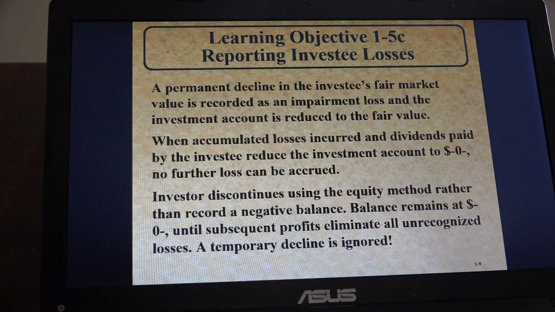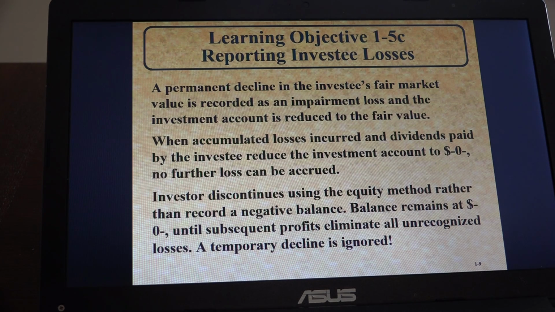But this loss must be permanent before that type of recognition is considered. If there's a temporary drop in value, you simply ignore that. You do nothing.